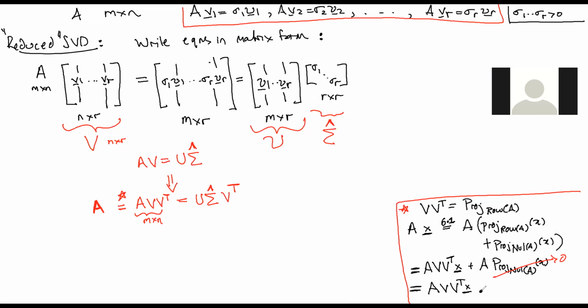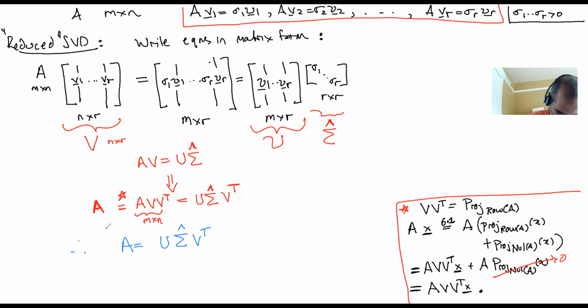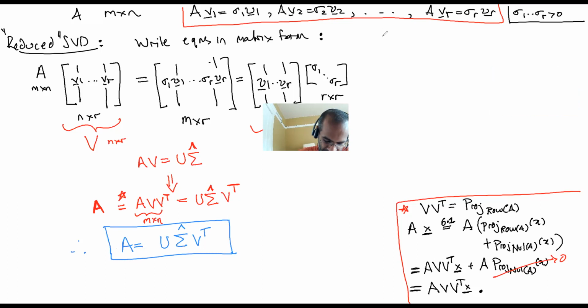So that is the reduced singular value decomposition. This is the end result: A is equal to U sigma hat V transpose. So what is the meaning of this? Ultimately it's a factorization.